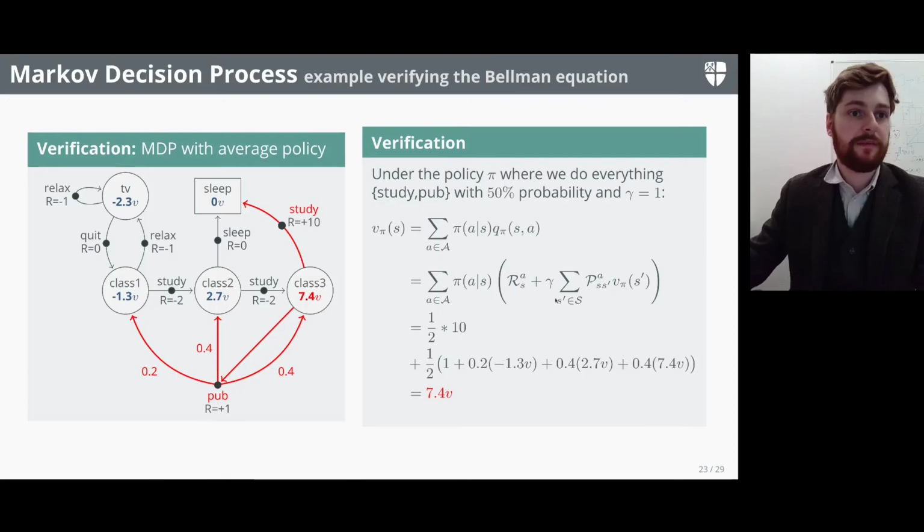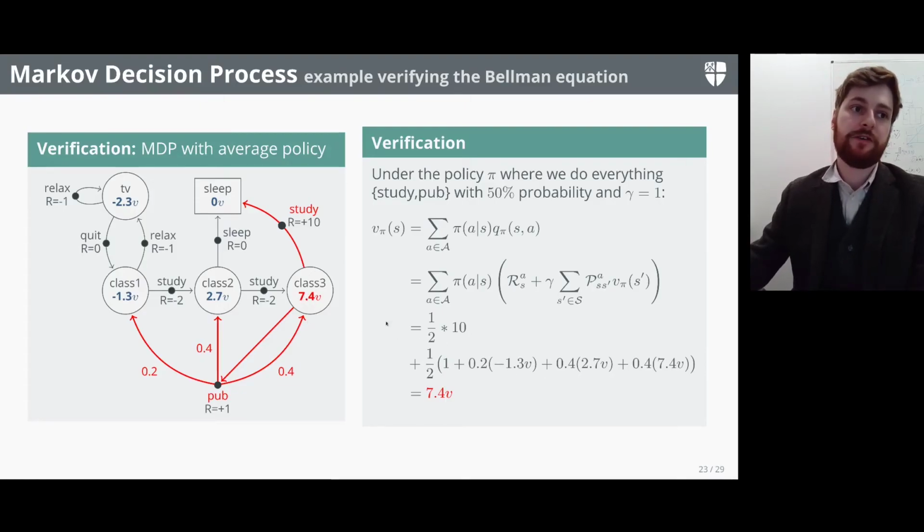And then we're going to be looking at the future states' value functions, multiplied by their state transition probabilities. So when we're in the pub, the next state is going to be class 1, so it's 0.2 times the value of negative 1.3, plus 0.4 probability of going back to class 2, which has a value of 2.7, plus 0.4 times the value of going back to class 3, which is 7.4.